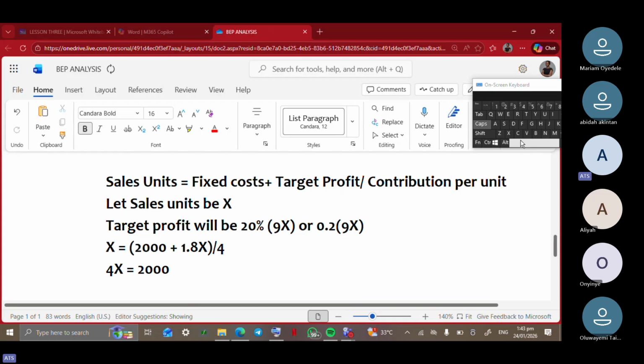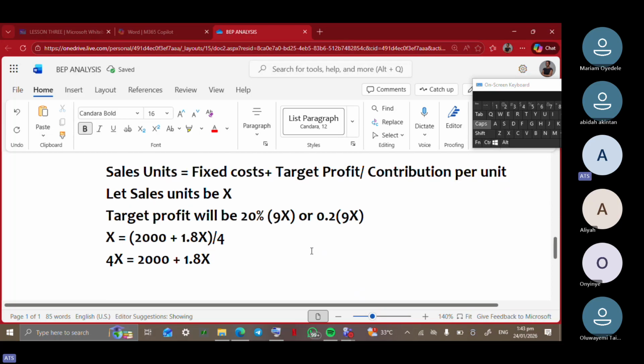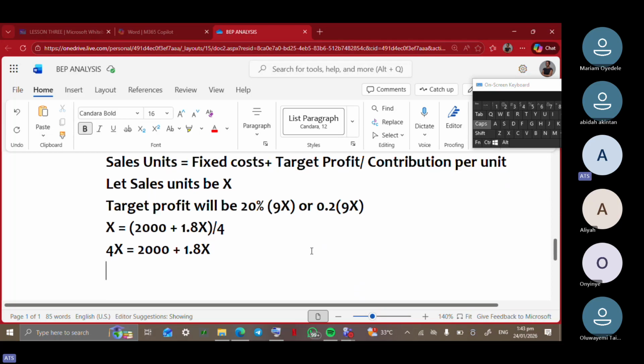There is a lot of mathematics. I need you to understand there is a lot of mathematics in break-even analysis. So you are going to collect like terms. 4x minus 1.8x is equal to 2000. 4 minus 1.8 is what? 2.2.